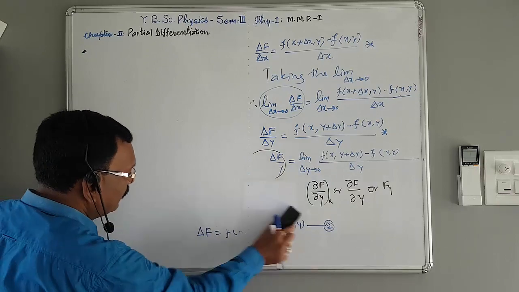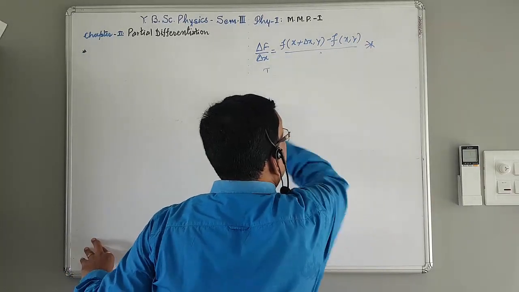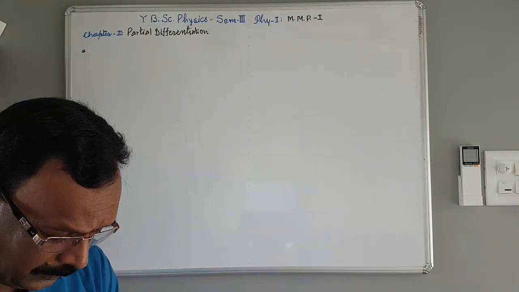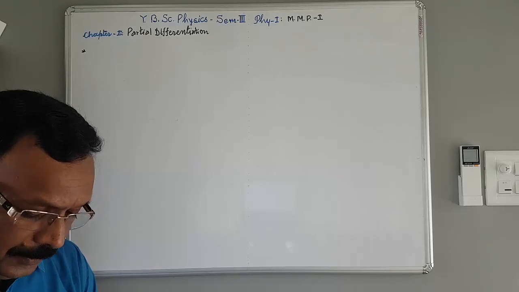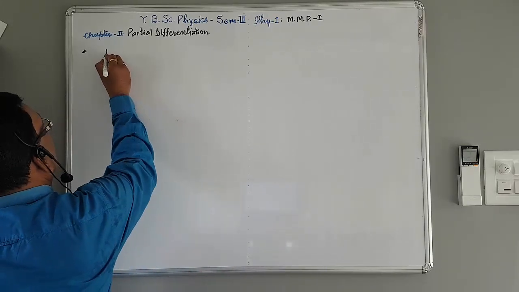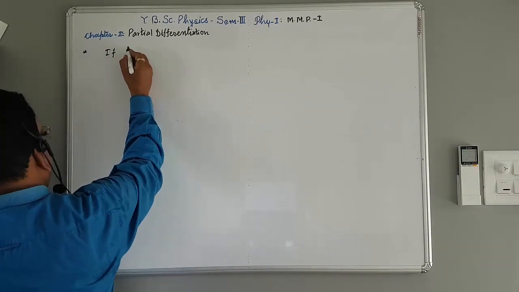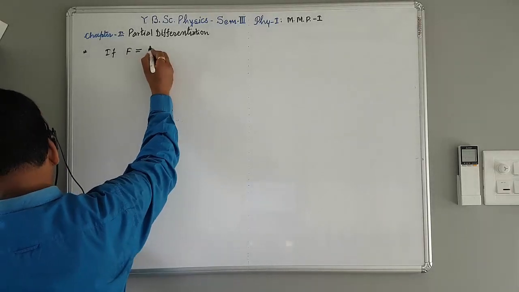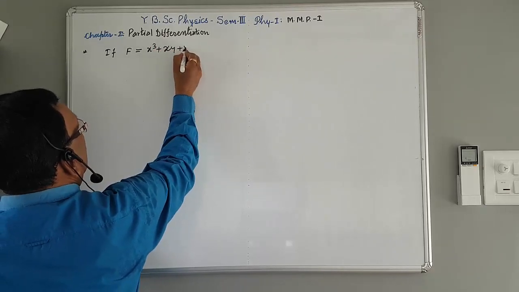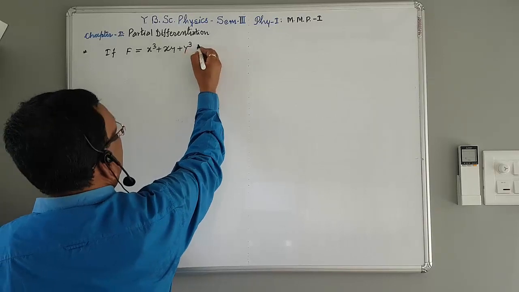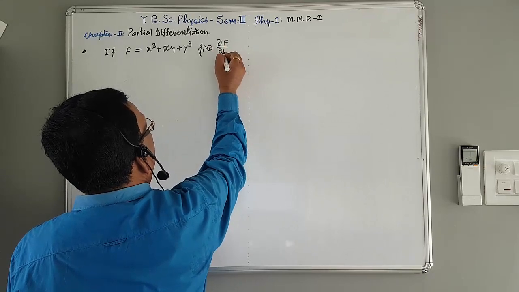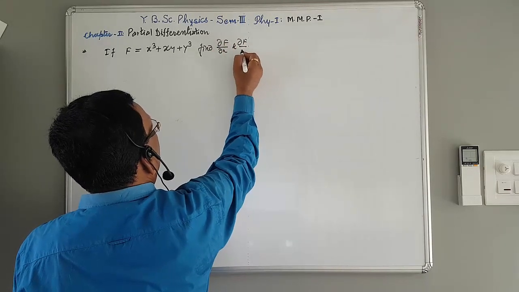Let us see the first problem. If the function f is equal to x³ + xy + y³, then find ∂f/∂x and ∂f/∂y.